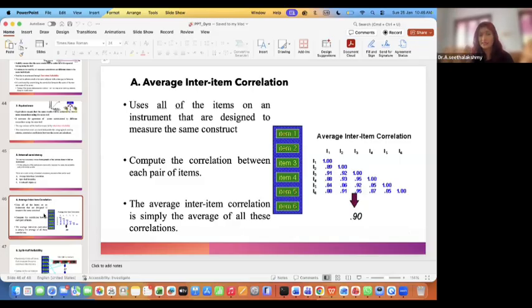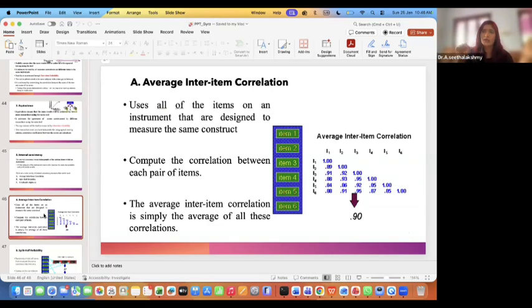This is a statistical calculation. You have analysis tools available for this in SPSS, R or Jamovi. Average inter-item correlation means correlating one item with all other items.